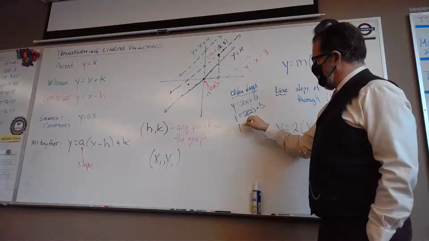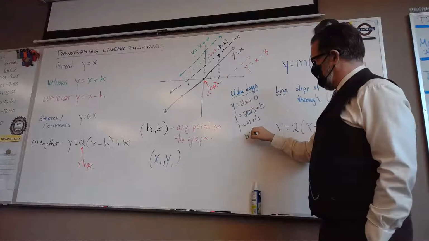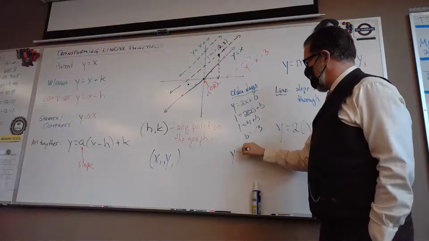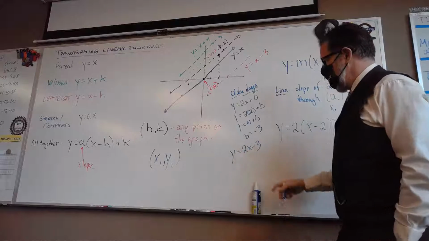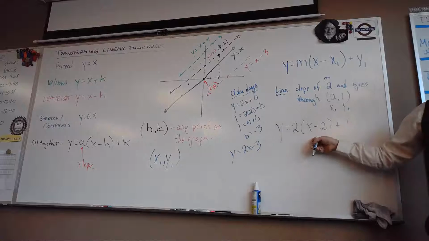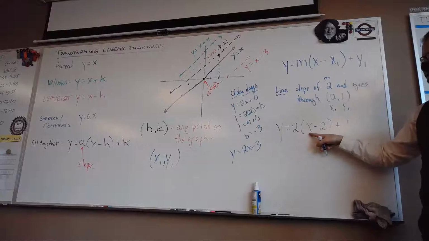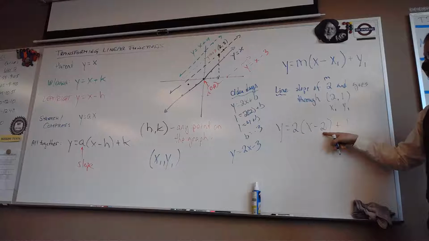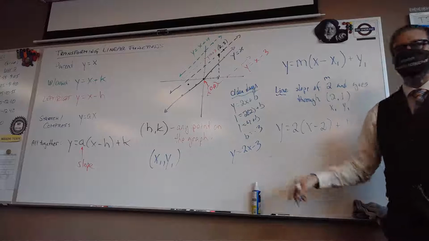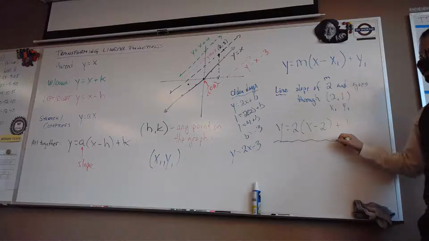And so 1 is equal to 4 plus b, which means that b is equal to negative 3, and therefore y is equal to 2x minus 3. Are those the same? Yeah. Look at that. 2x minus 4 plus 1 is 2x minus 3. And how long did it take me to write that equation?